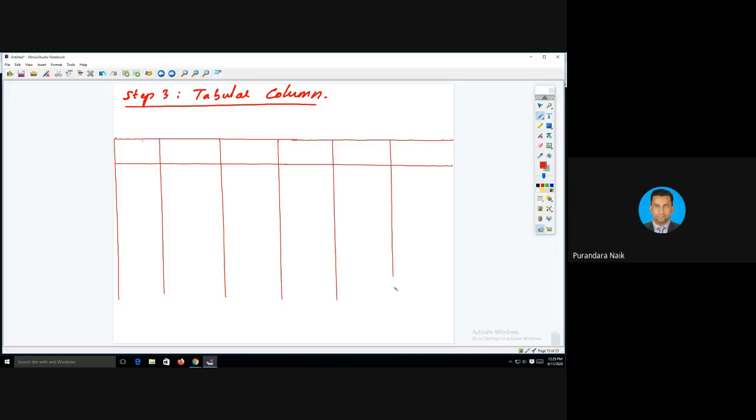Fifth column is distance between the reference plane. Sixth column is couple. Okay, the first one is a mass.